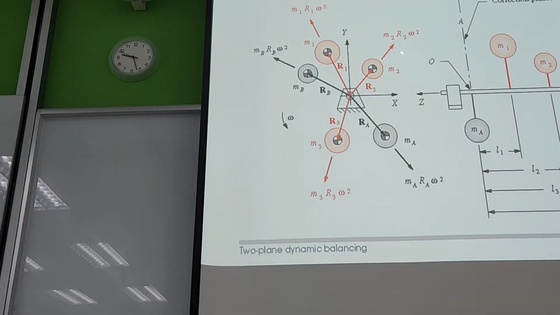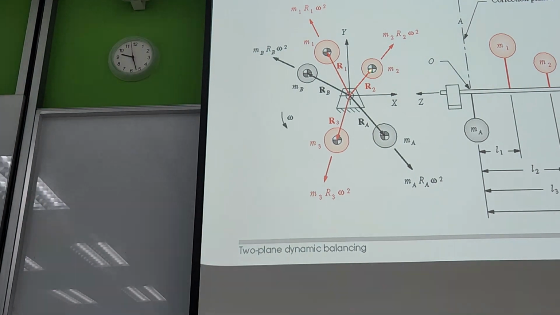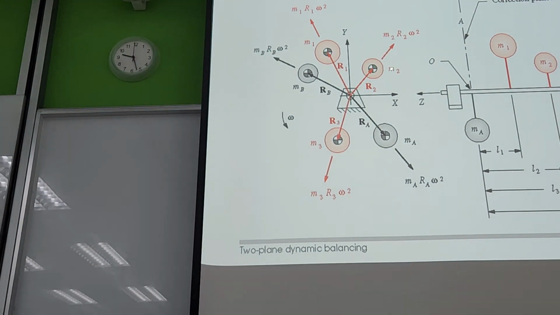Now what are the forces acting on the masses? In actuality the masses are oriented like this. So the force acting on mass 2 is M2 R2 omega square. Force acting on M1 is M1 R1 omega square. So these are the forces on the three masses. Now we have the two correction planes, A and B. So the force on A is MA RA omega square.